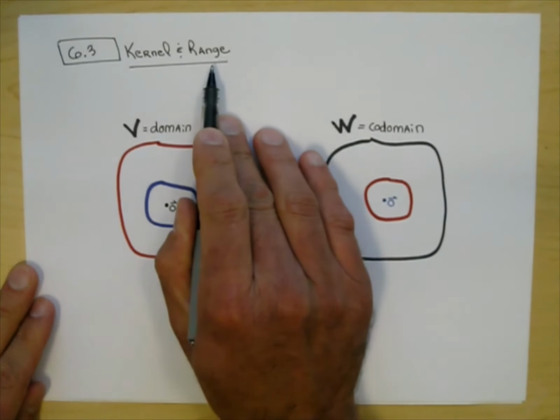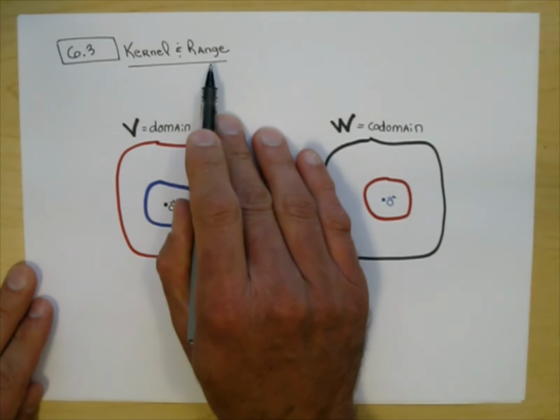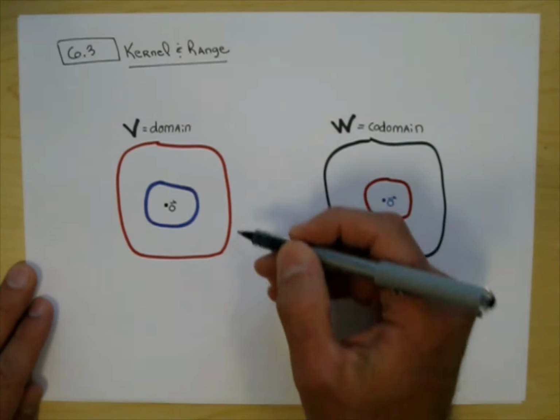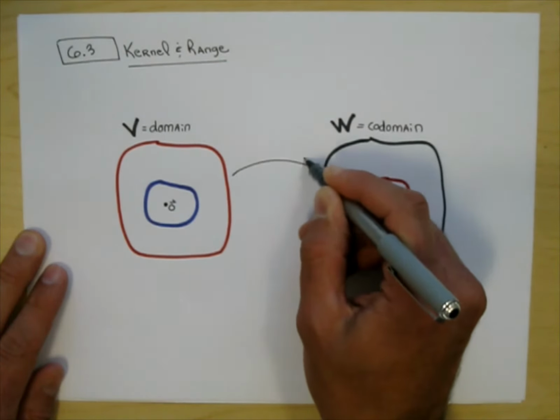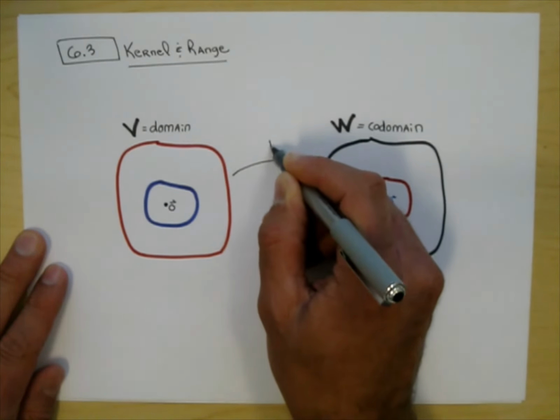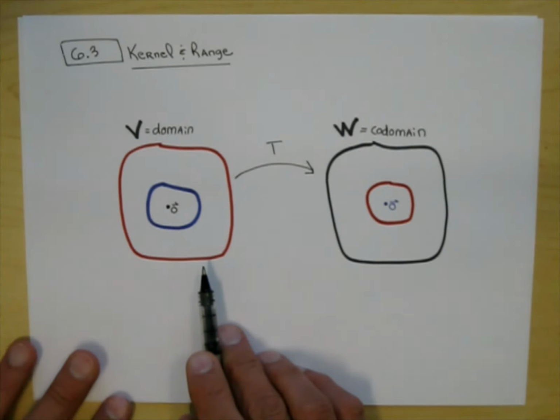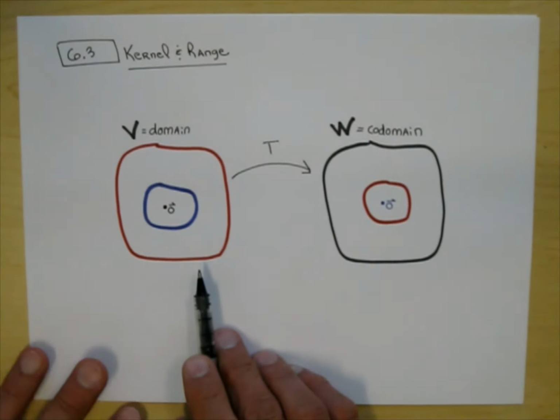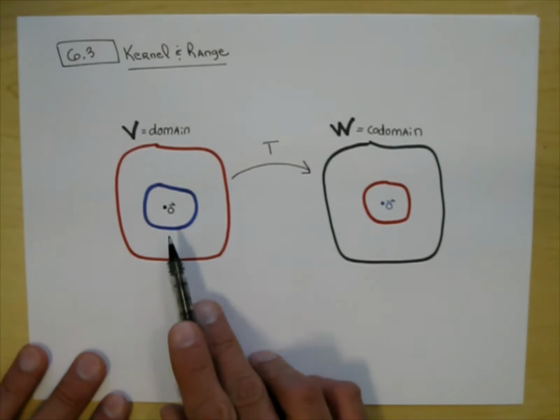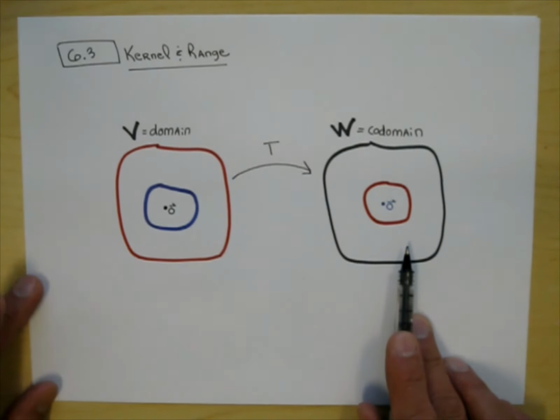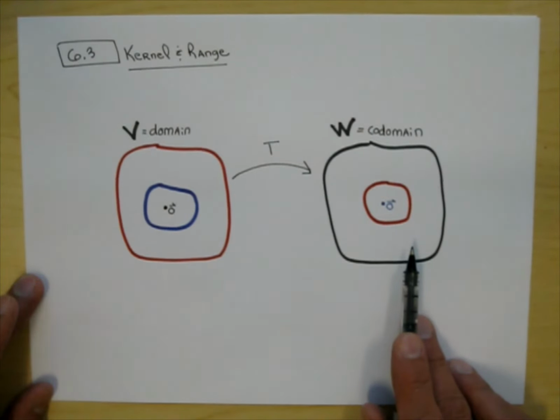Kernel and Range. So we're going to figure out what that is. What we have is the situation where there is a linear transformation, which is a mapping, a function from one vector space to another vector space that follows the linearity properties, the properties you always wished you could do when you first learned about functions.